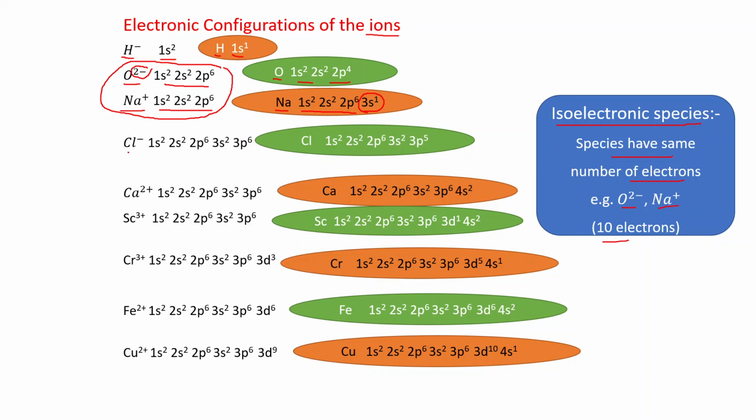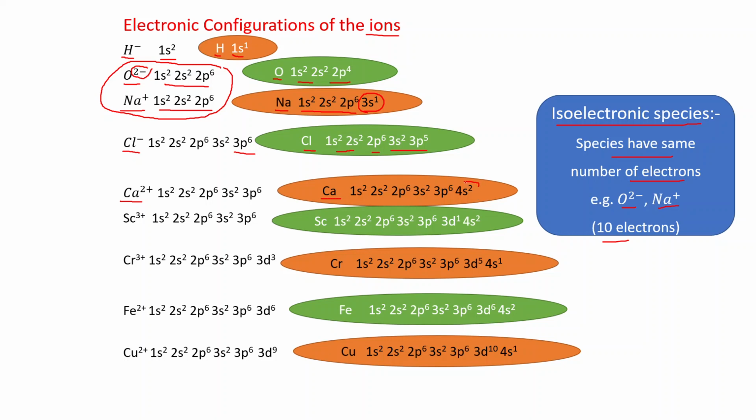Okay. Now come to Cl minus, chloride ion. The electronic configuration of chlorine is 1s2, 2s2, 2p6, 3s2, 3p5. One negative charge means one extra electron in 3p subshell. It becomes 3p6. Calcium ion. Electronic configuration of calcium is this.